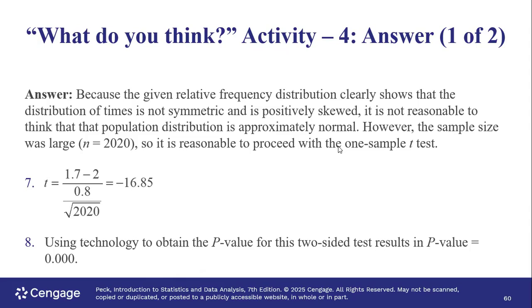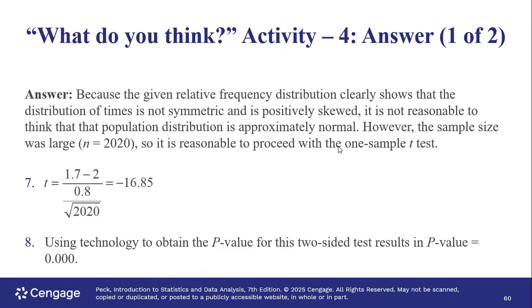Left parenthesis 1.7 minus 2, right parenthesis, divided by left parenthesis 0.8 divided by the square root of 2020, right parenthesis, and hit enter. The test statistic is minus 16.85, so it falls on the left tail.